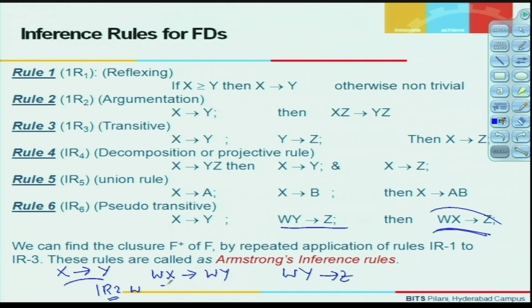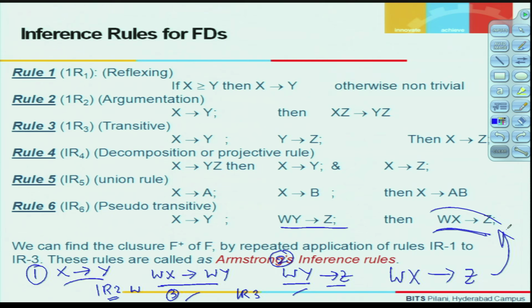Now I have inferred this one. On applying IR2 on functional dependency 1, I get functional dependency 3, wx gives wy. Now on 3 and 2 it is transitive. So if I apply IR3, because wx determines wy and wy determines z, I can say that wx determines z, which is the same as this one.